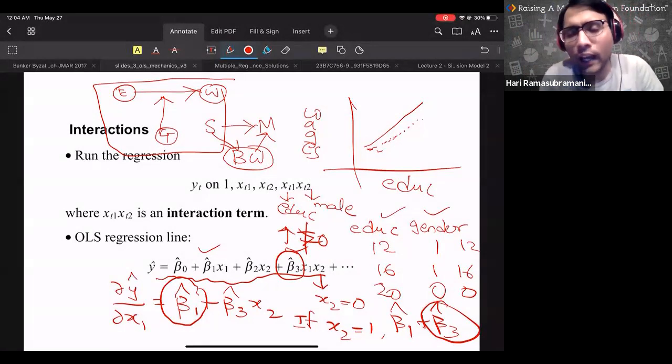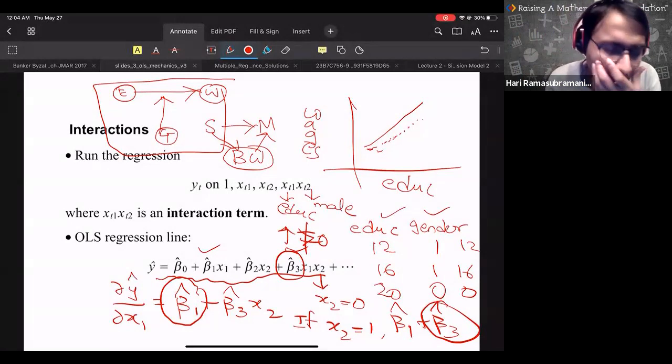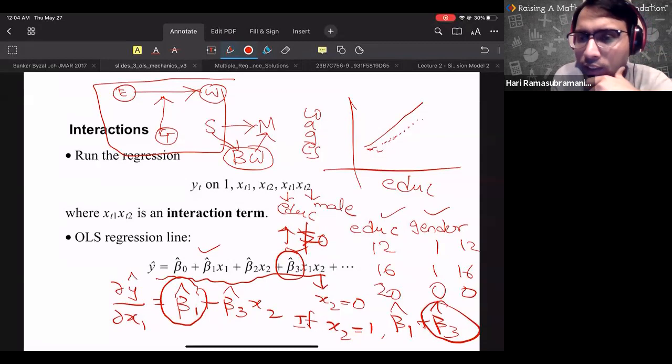However, if beta 3 hat is 0, then you will simply say that there is no difference in the effect of education on wages for males and females; they do not have a different slope as far as the effect of education on wages is concerned. That doesn't mean that education does not affect wages, okay? Education affects wages, but it's just that it doesn't affect differently for males and females.